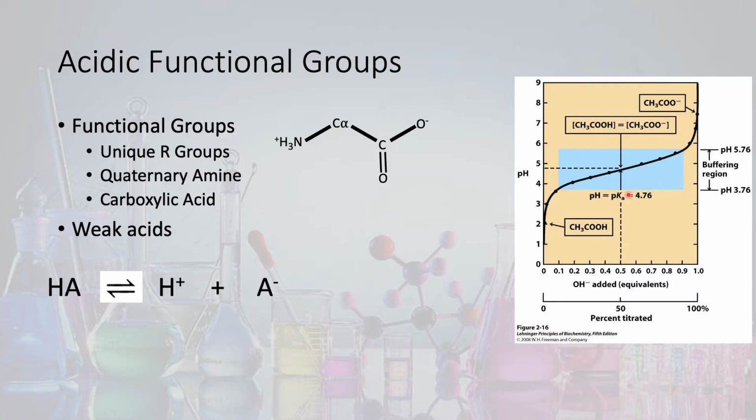Remember our discussions from weak acids. So when the pH of our solution equals our pKa, this dissociation reaction here is at equilibrium, and the concentration of A minus is equal to the concentration of HA, right?